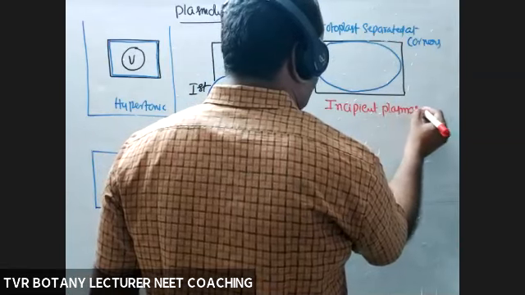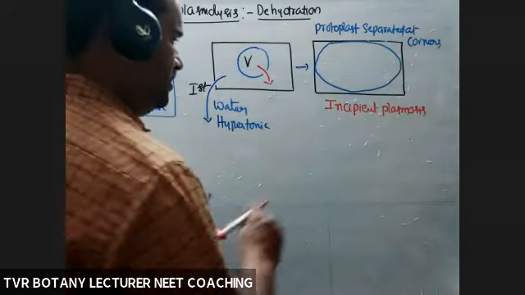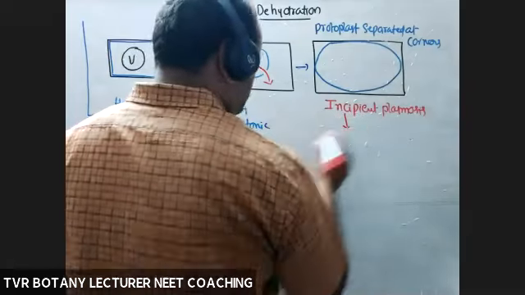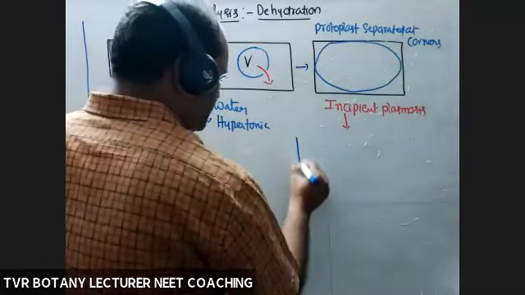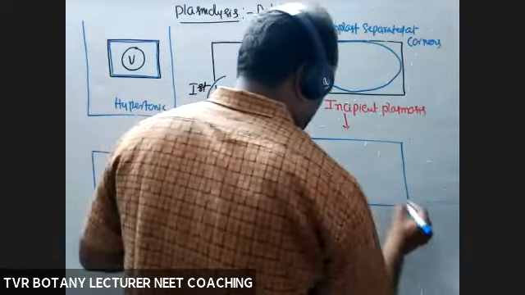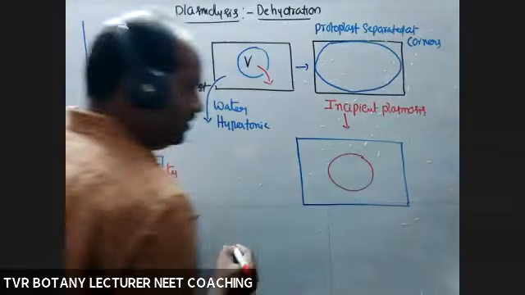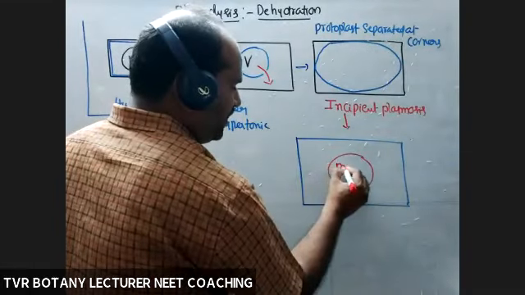This event is temporary, a transient phenomenon; immediately the cell will be plasmolyzed. The next stage: the cell wall, and a completely contracted protoplast.